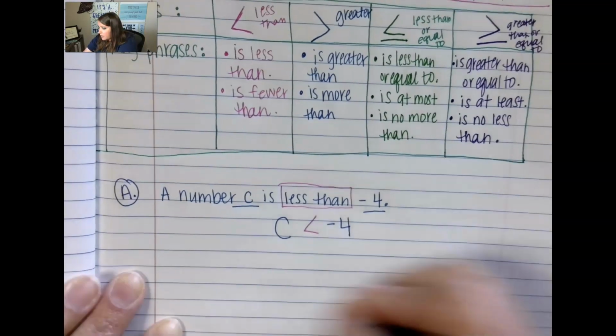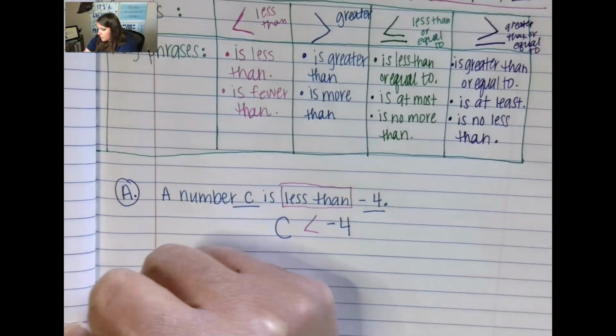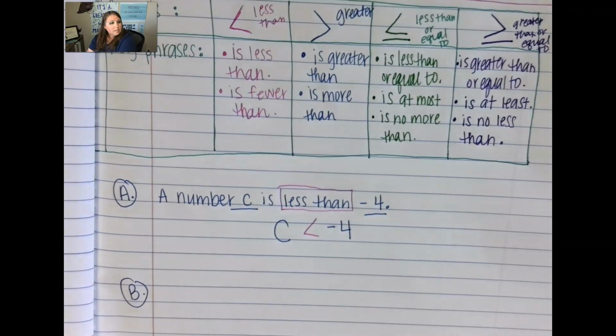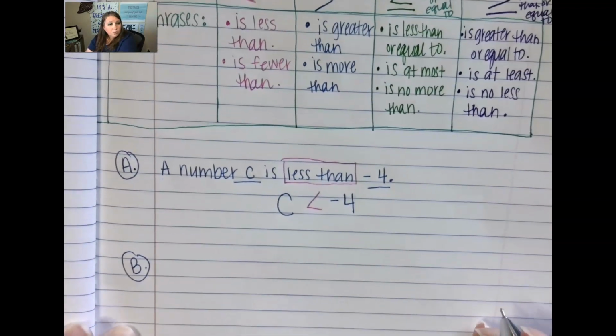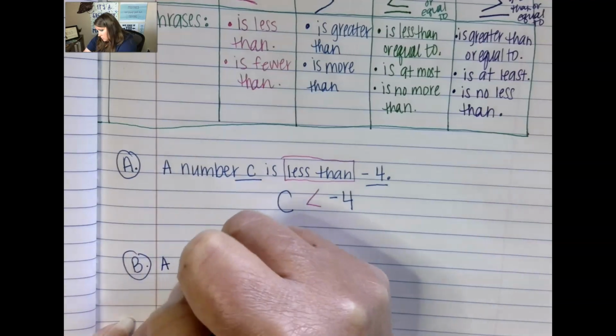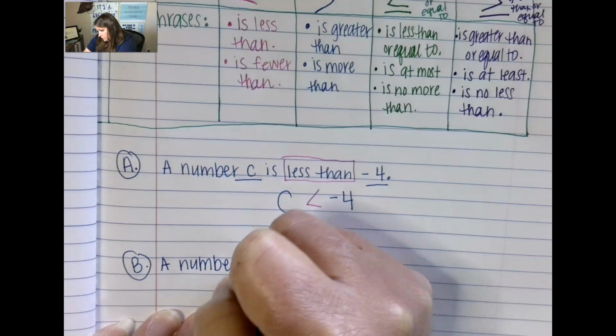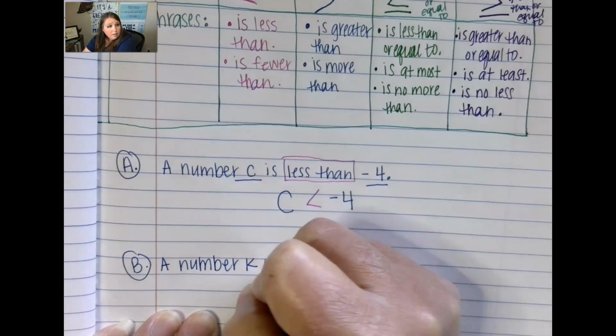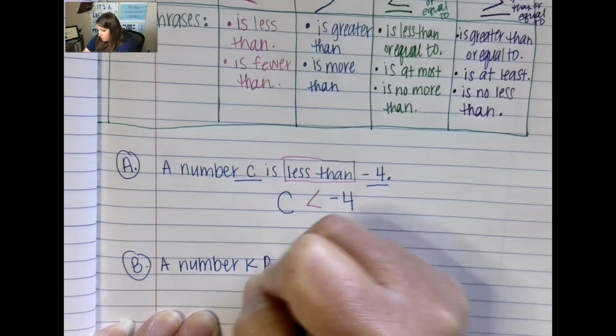Okay, let's do another one. Let's do another example. So in this example, example B, we're going to say a number K plus 5.